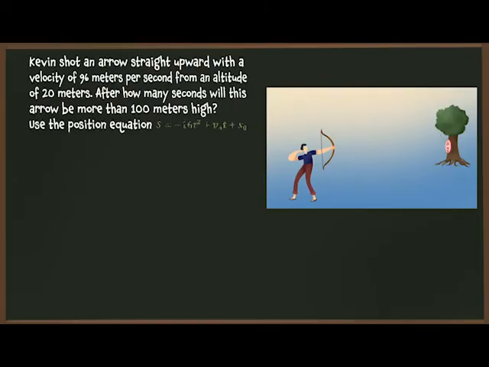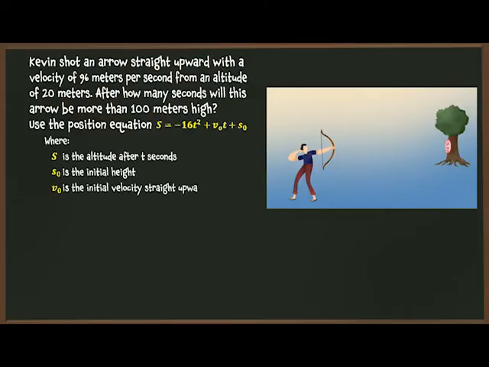Use the position equation. s equals negative 16t squared plus v sub 0 times t plus s sub 0, where s is the altitude after t seconds, s sub 0 is the initial height, and v sub 0 is the initial velocity straight upward. What do we have to solve for?